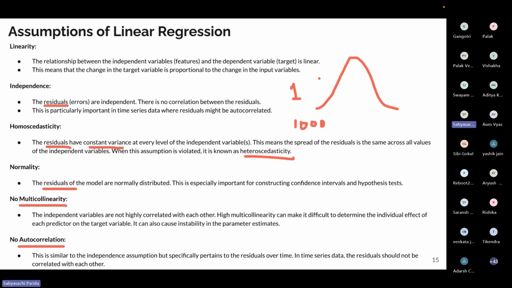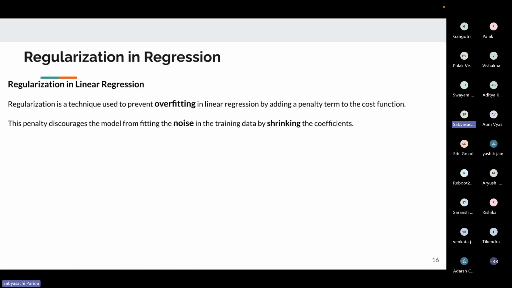That means the features are independent in themselves as well. So these are the various assumptions one needs to remember, and this is also a common question whenever you interview for any data science position.